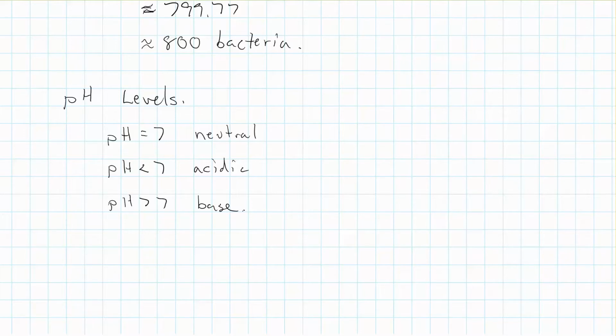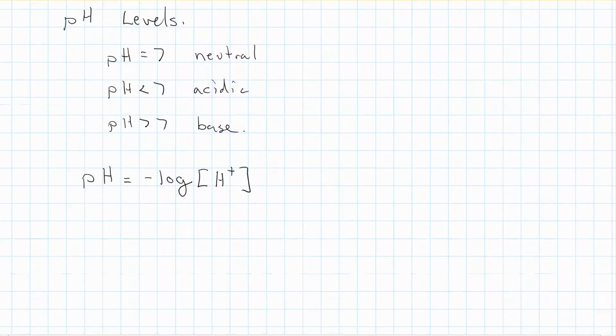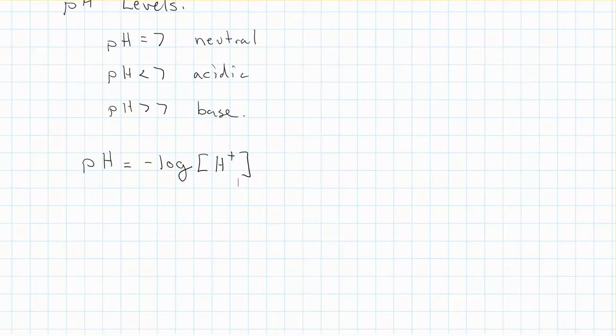All right. So, where do these numbers come from? Well, there is a formula for the pH. The formula for computing the pH of something is that the pH is equal to the negative common log of the hydrogen ion concentration. So, let's look at two quick examples with this.